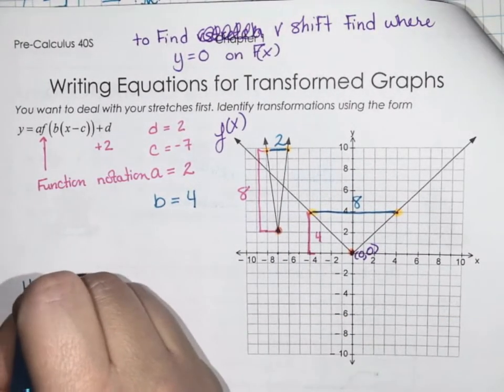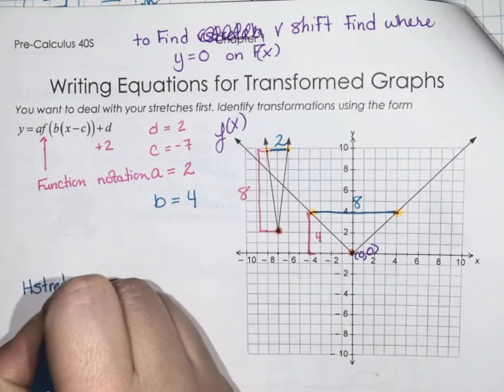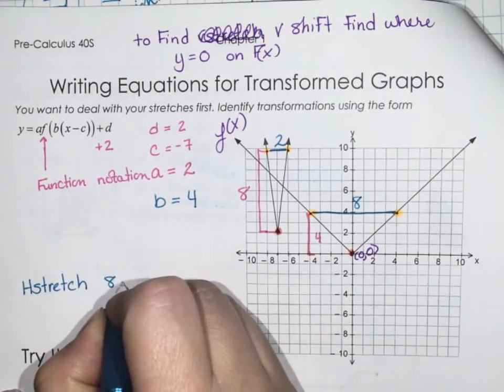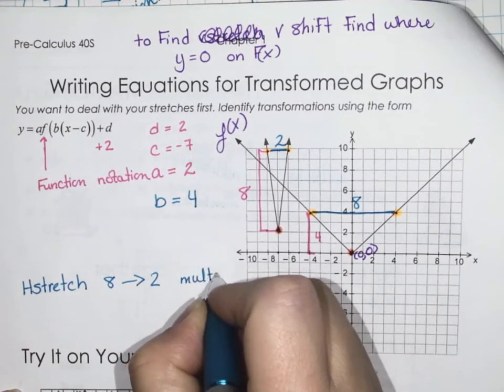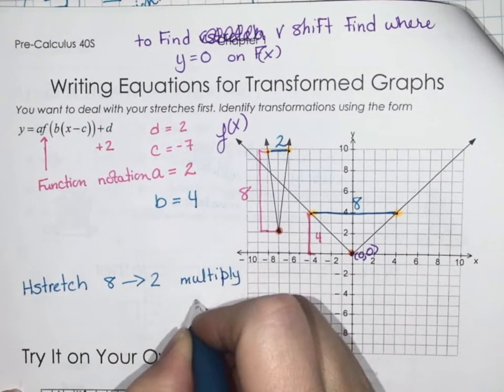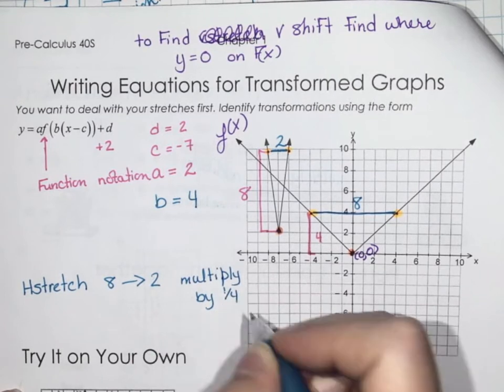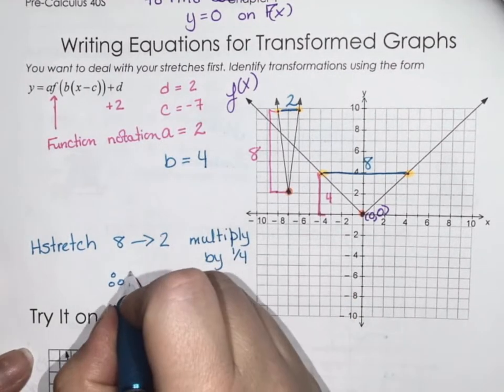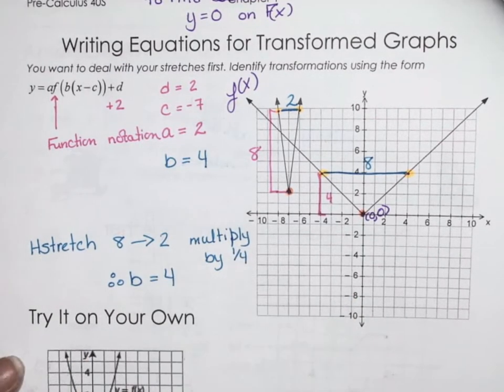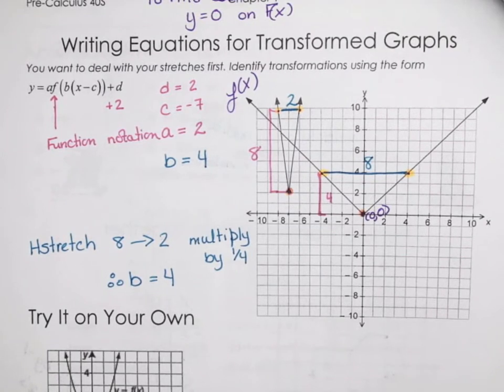For our horizontal stretch, we're going from 8 to 2. So we have to multiply by 1/4, but that means, therefore, B is equal to 4. Does that make sense to everybody? That's a confusing one, and it's really easy to get mixed up. So as you're learning this, cut yourself some slack. It will take some practice.